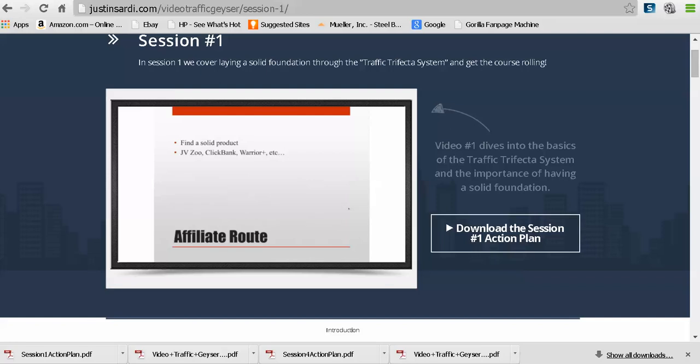Those are the huge link houses. Again, it's equivalent to saying Warrior Plus and JVZoo for information products. Commission Junction and LinkShare are the same world, only with physical products and really big brands that everybody knows. Does that make sense? Cool.